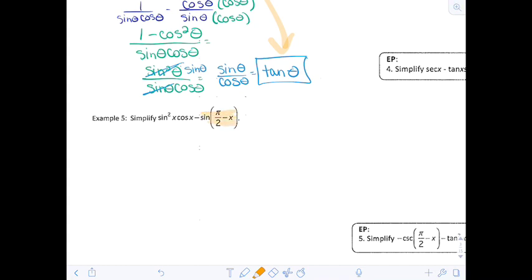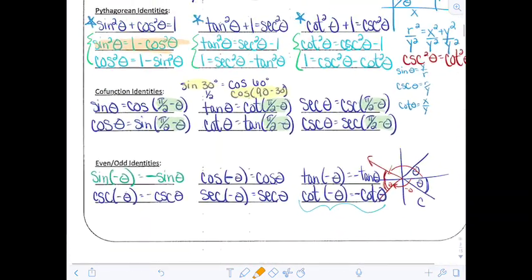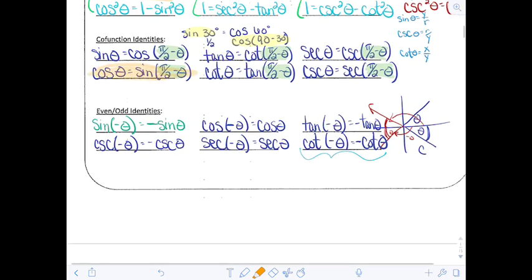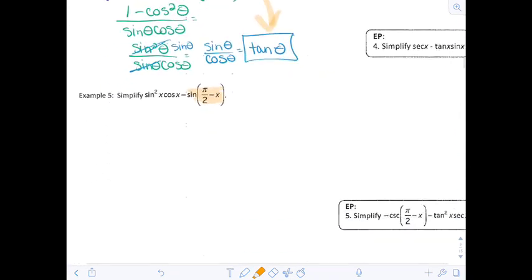But I want you to take a look at this. The sine of pi over 2 minus x, if you go back to those identities, that's exactly what we need. The sine of pi over 2 minus x is the same as cosine of x. So knowing these identities, I can substitute in.